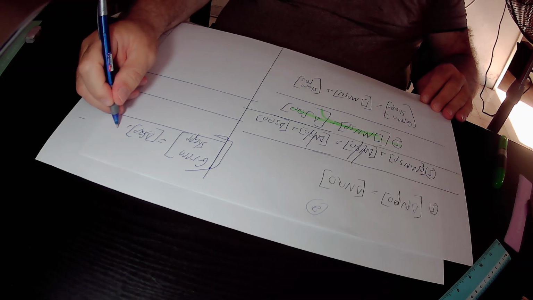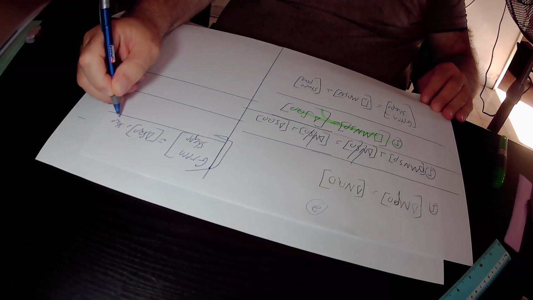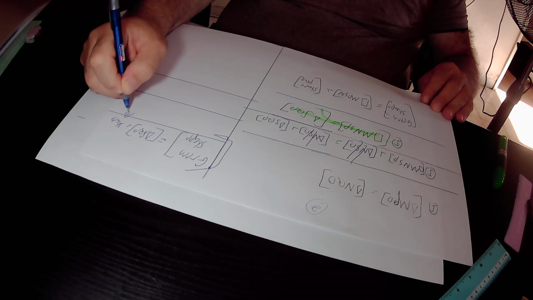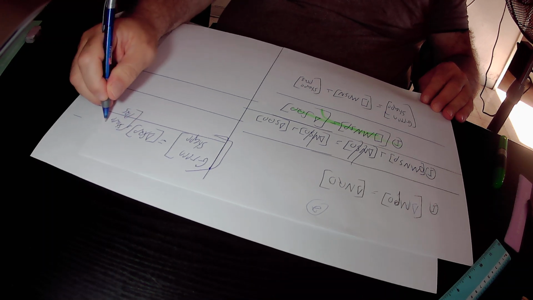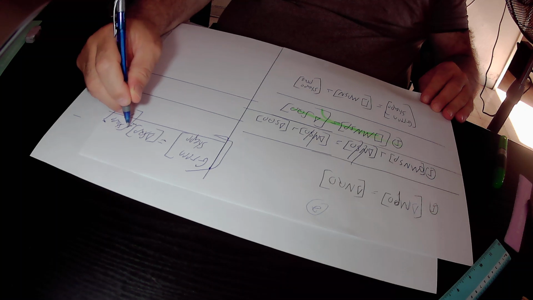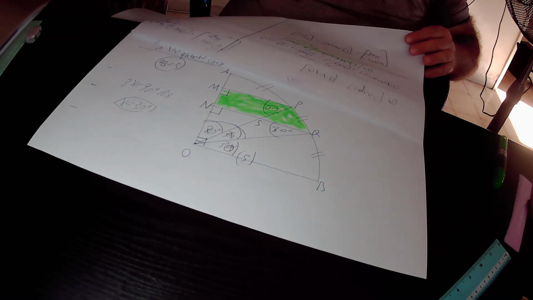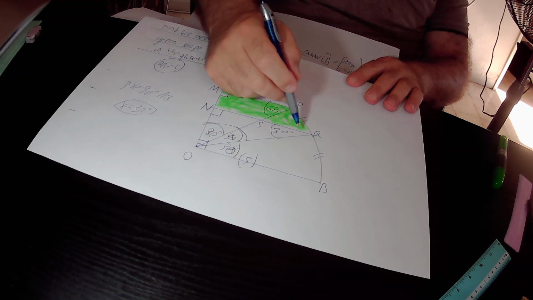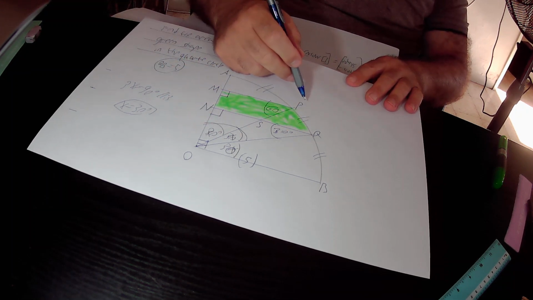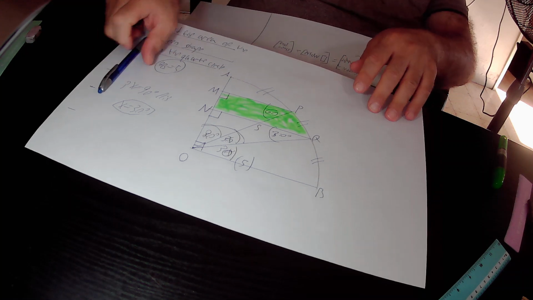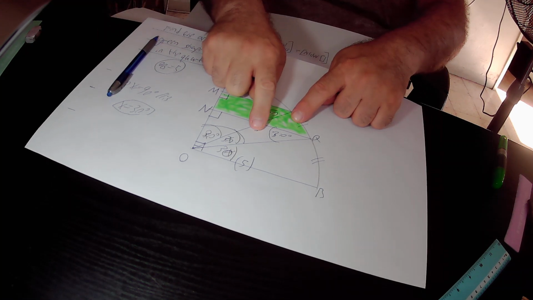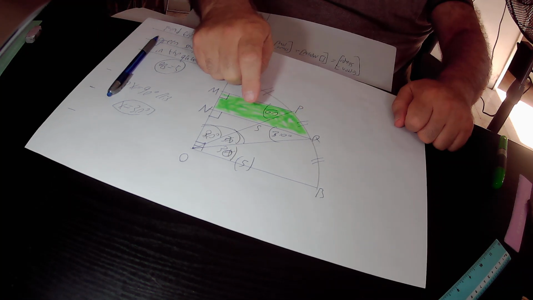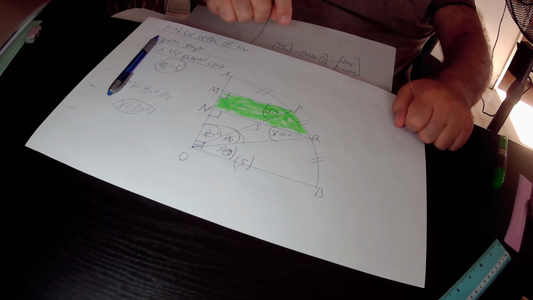So in total we found that the area of the green shape equals the area of this triangle SQP plus the area of this shape PQS. Again, the sum of the areas of those two shapes equals the area of the green shape.